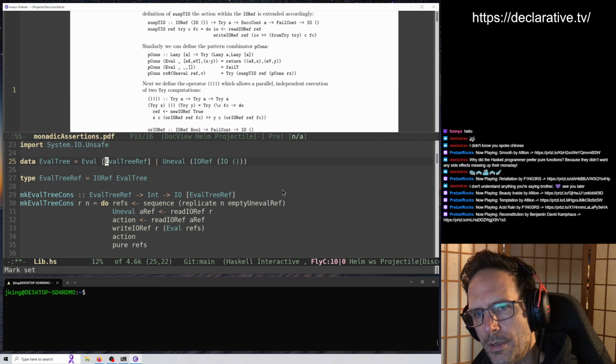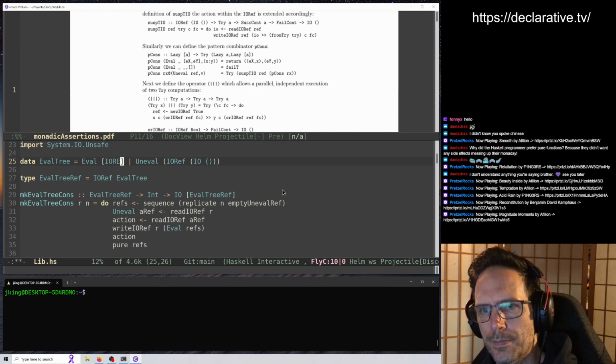That's essentially what this is here. Right. Just replace it, eval tree. Forget the type alias.